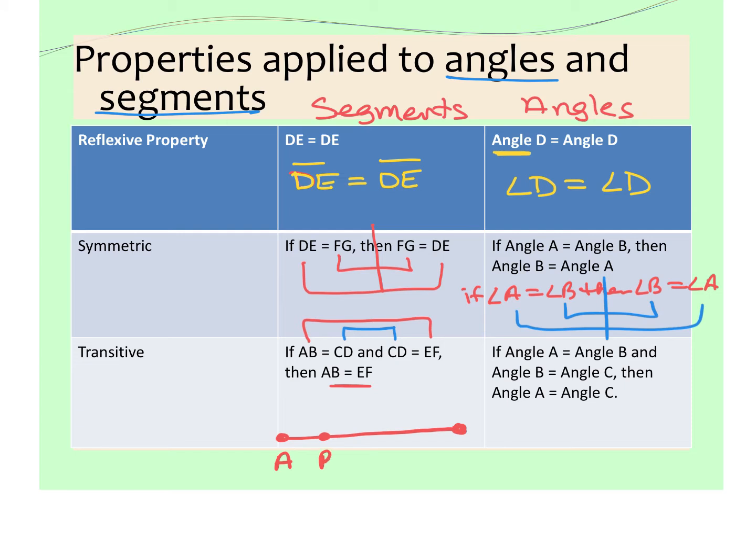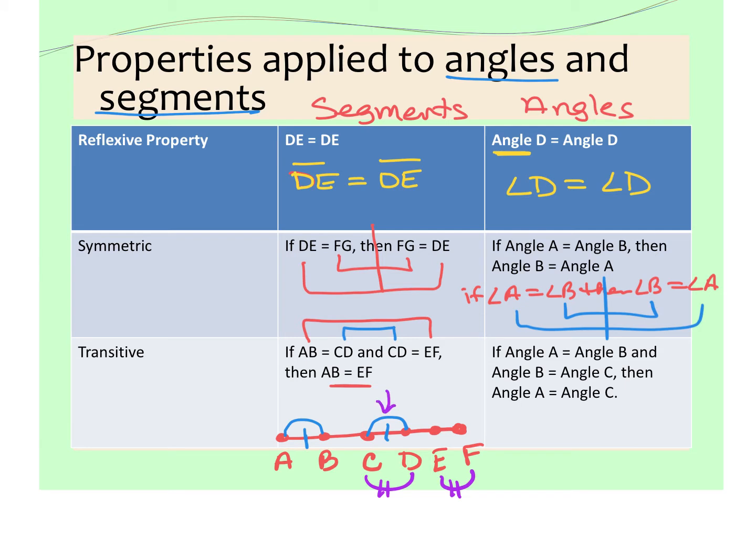And here's a B, a C, D, E, and then finally F. Okay, so given to me, I was told that AB, this piece from here to here, is equal to the CD. And then I was also given that CD, switching colors here, this piece again, is equal to EF.